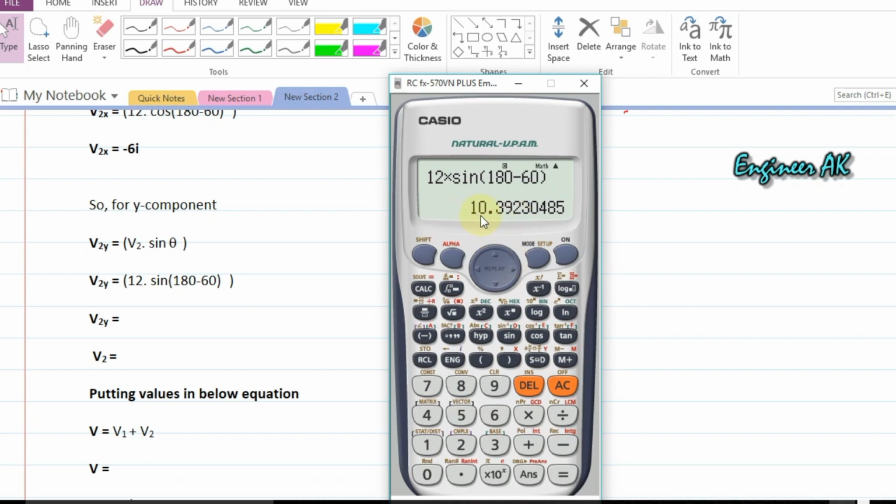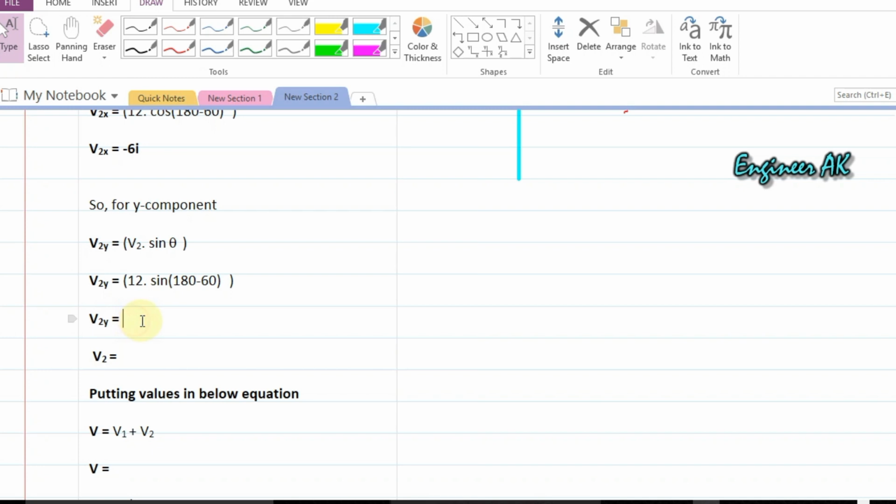So we almost get 10.39 j, right? And if I write it over here, the v2 vector will be minus 6i and plus 10.39 j, right?